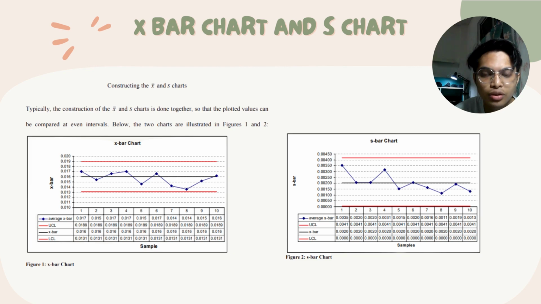Below, the two charts are illustrated in figures 1 and 2. For the X bar chart, we can see that the plotted point is in between the upper control limit and lower control limit, so it is in control. While for the S chart, the plotted point is also in between the upper and lower control limits, so it is also in control.